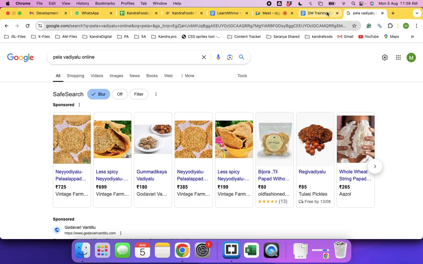Performance Max campaign. Don't go with Performance Max campaign. Go with standard campaign. Performance Max gets the best Google automation to reach customers across all channels. So you want only search, but Google is displaying you everywhere. Correct.